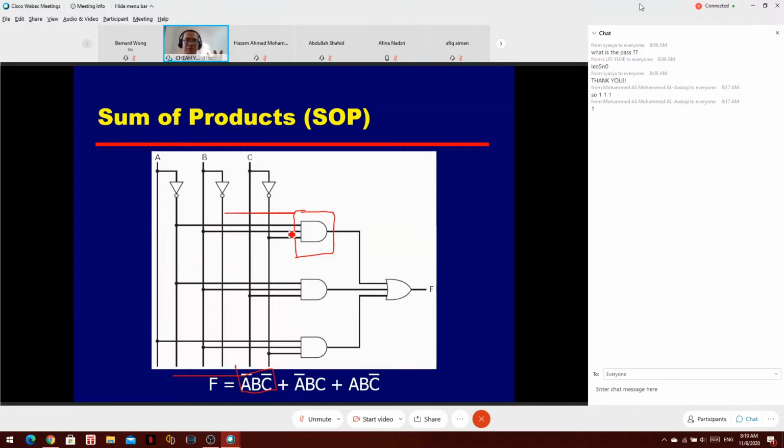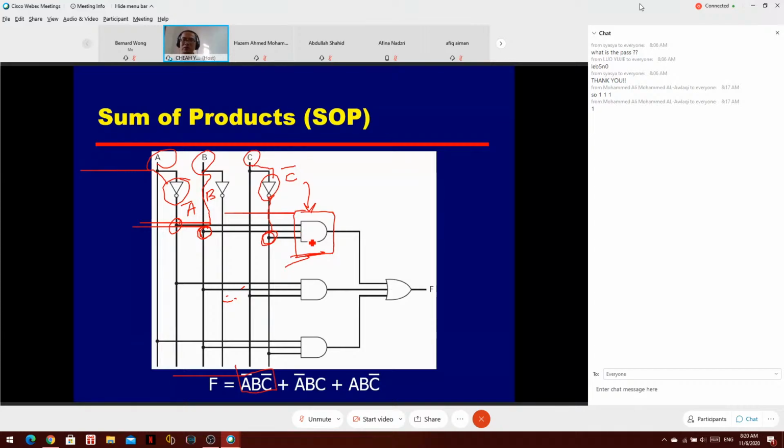The first input comes from here, which is not A. The second input connects here, so it's B. The third input is connected here, and that belongs to this NOT gate, so it's not C. So not A, B, not C goes into this AND gate: not A and B and not C.